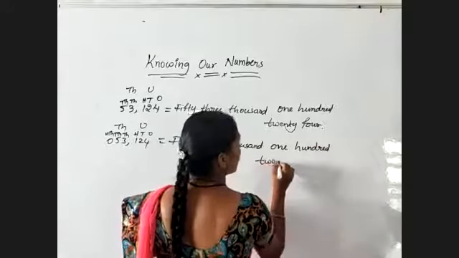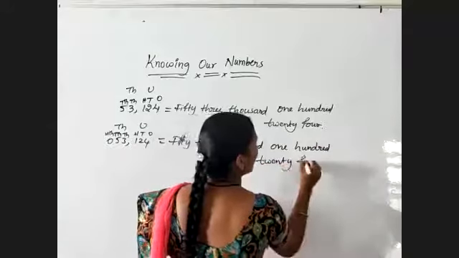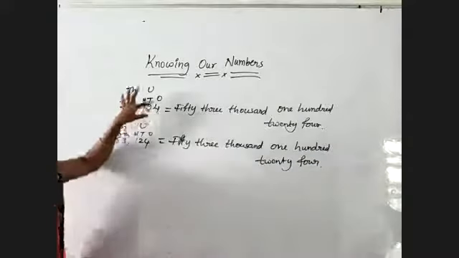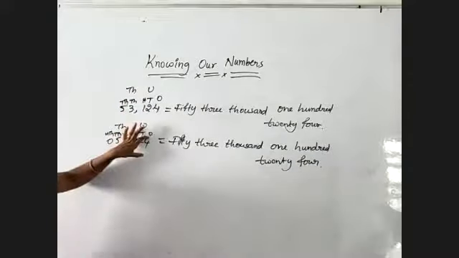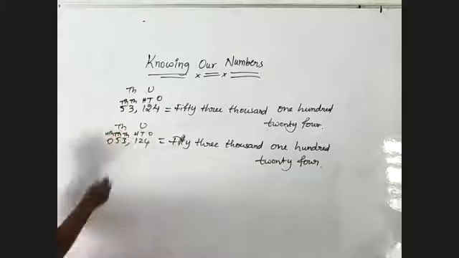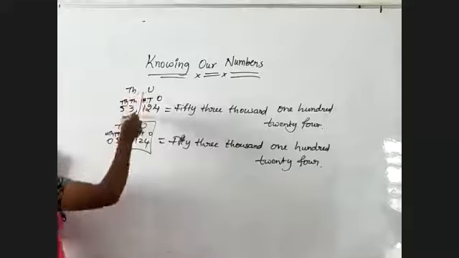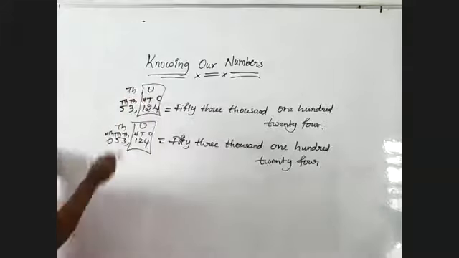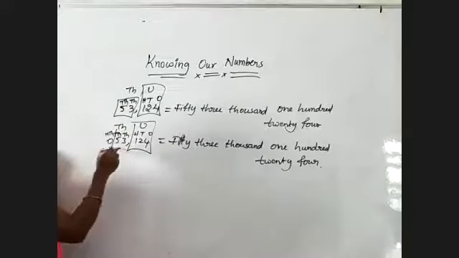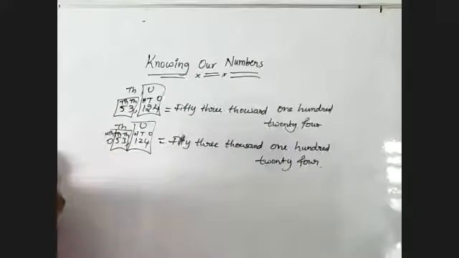So there is no change in either system when we have 5 digits. The ones place is the same in both. Tens, hundreds, there is no change. The units period is the same for both systems. Coming to the thousands period, up to 10,000 there is no change between the Indian system and the international system.